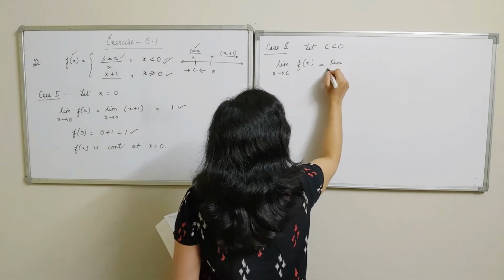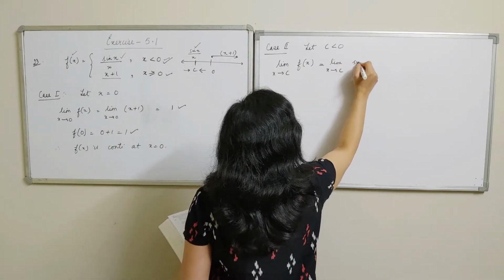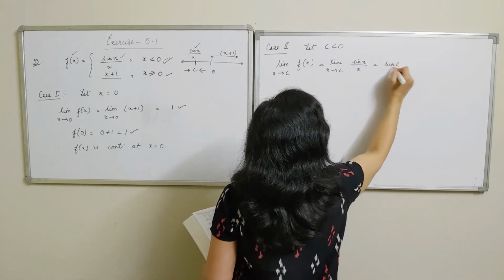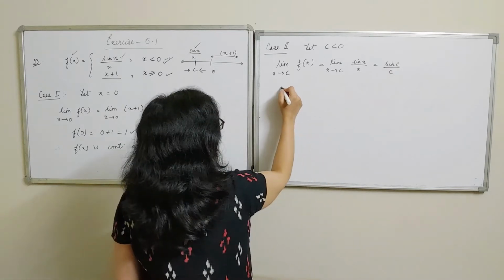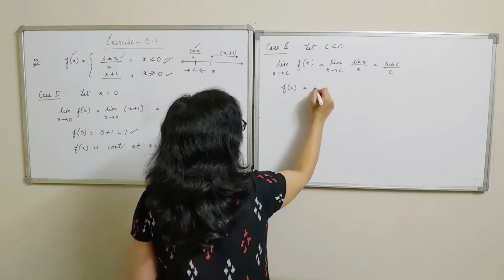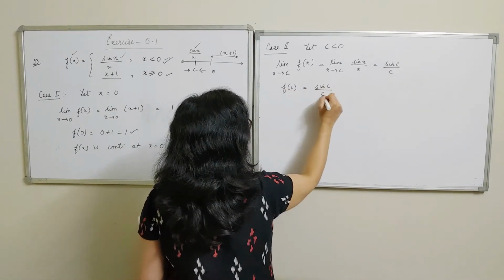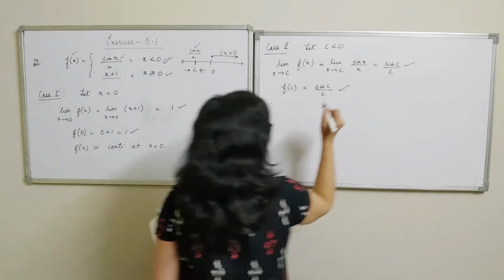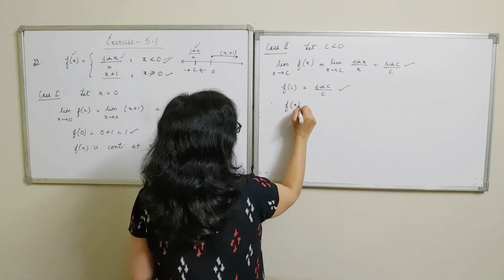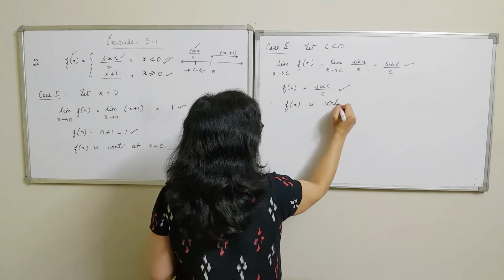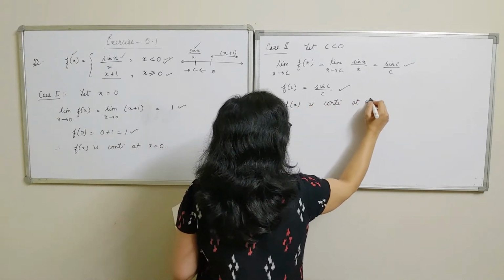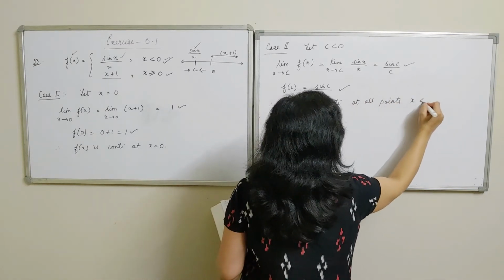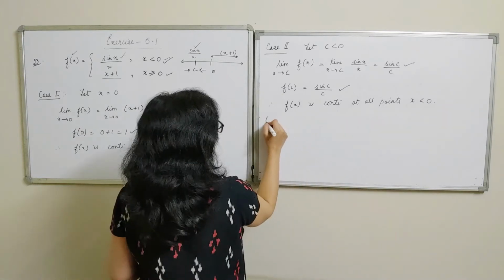So when x tends to C, the limit of this function is sin C upon C. And then the value of the function at the point C is also sin C upon C. This means the limit is the same as the value of the function. Therefore, the function f(x) is continuous at all points of x which are less than 0.